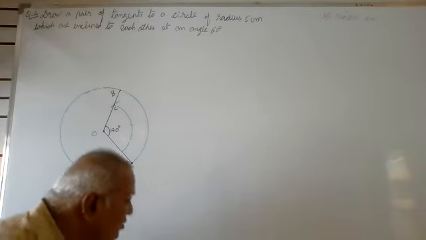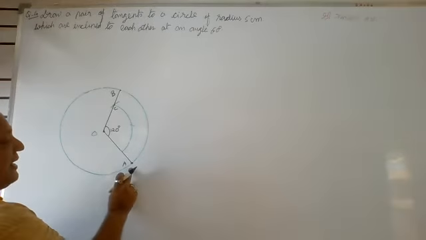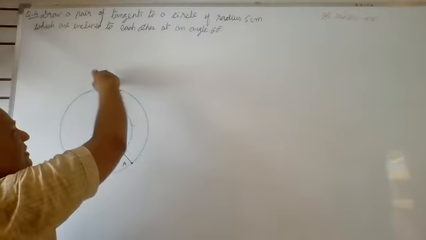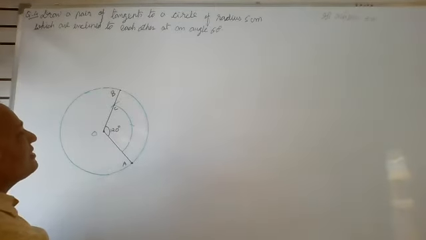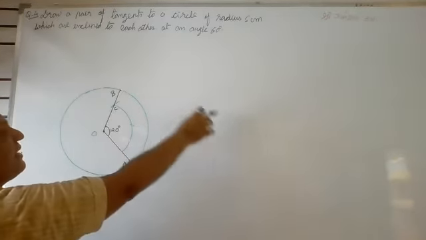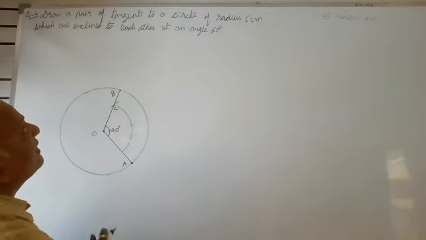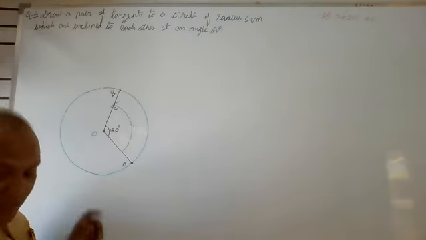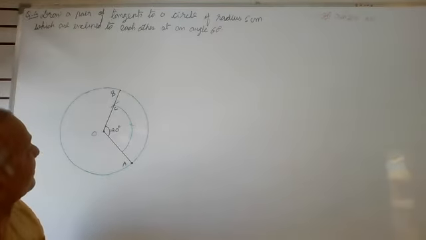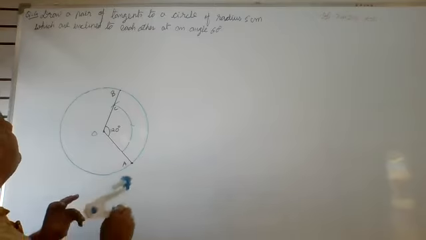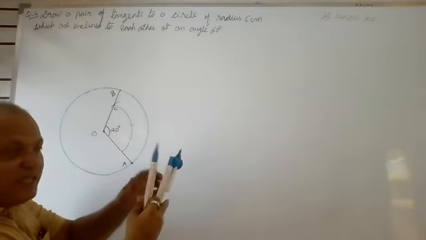Now friends, what should we do? We have to construct 90 degree from B and 90 degree from A. So these two 90 degree lines will be the tangents, and between them it will form a 60 degree angle. So here I will construct a 90 degree angle from A and from B. See, by taking a random measurement, this measurement is not fixed.